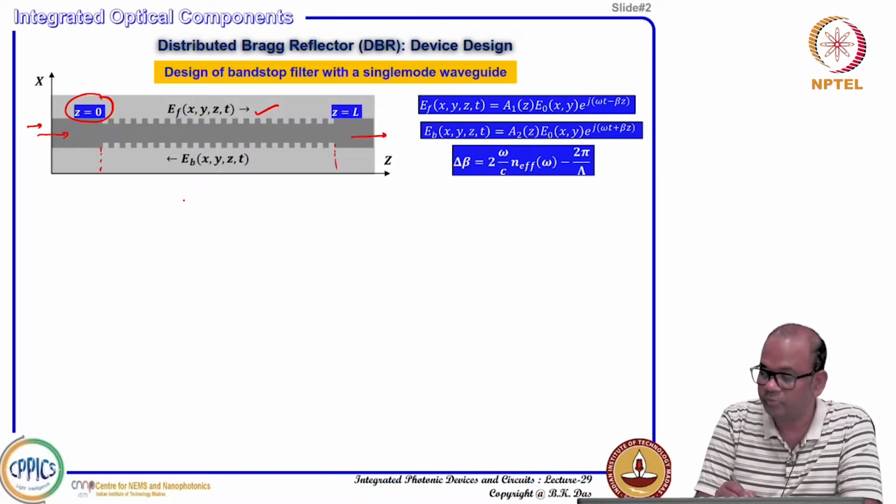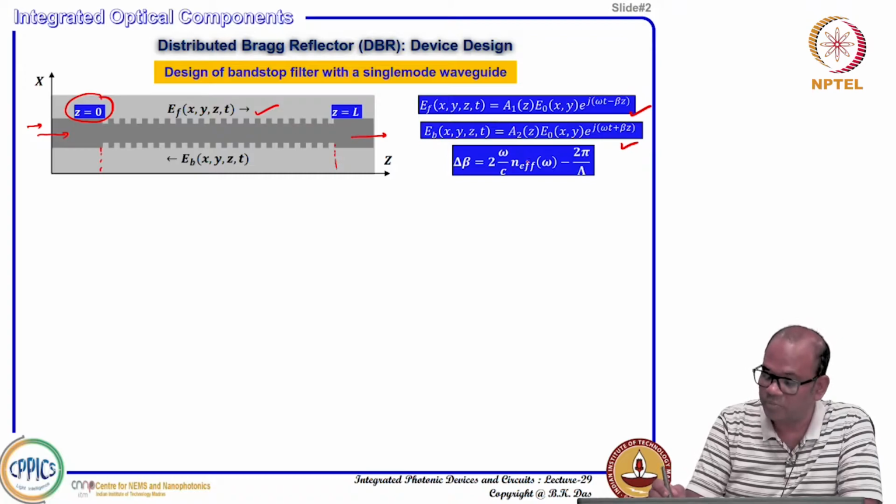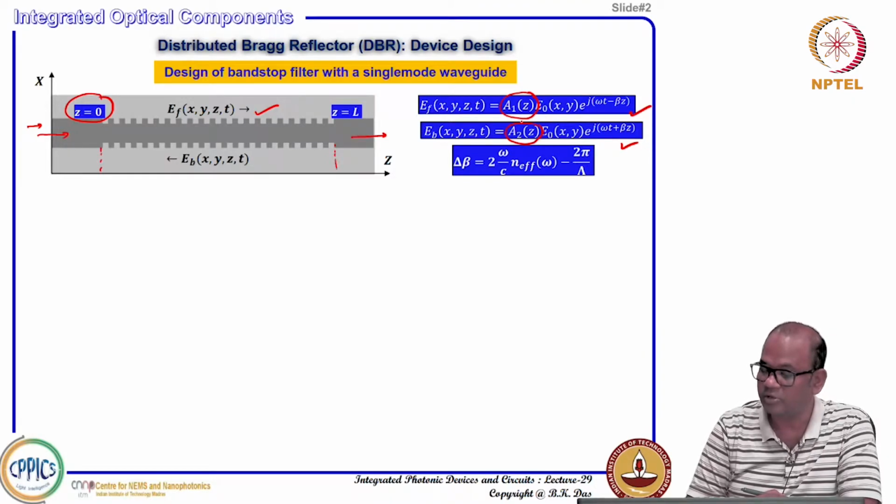This E_B backward propagating wave we have discussed earlier, and how it can be expressed. A1(z) and A2(z) are the evolution of the forward propagating wave and backward propagating wave respectively, as a function of the propagation direction z.